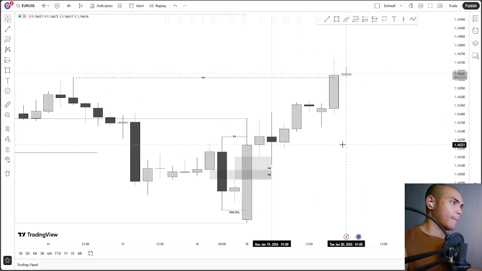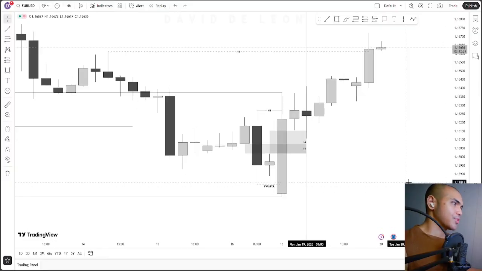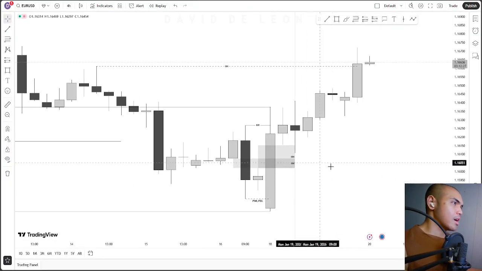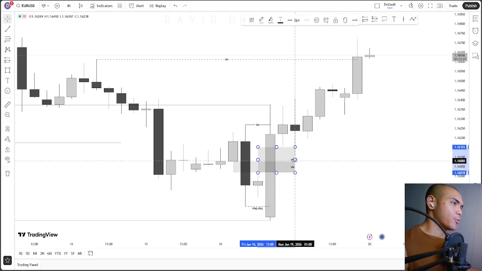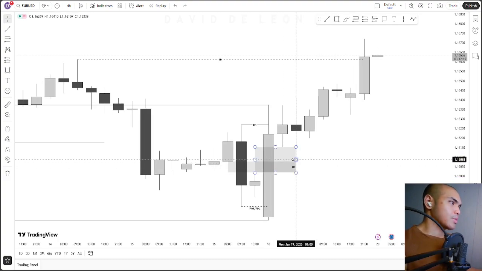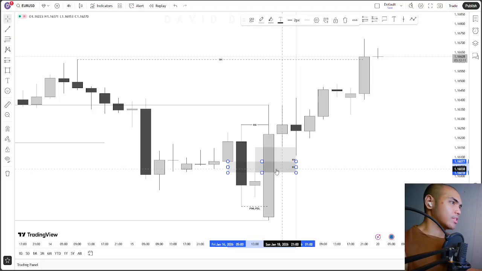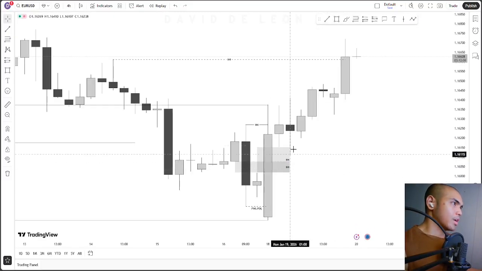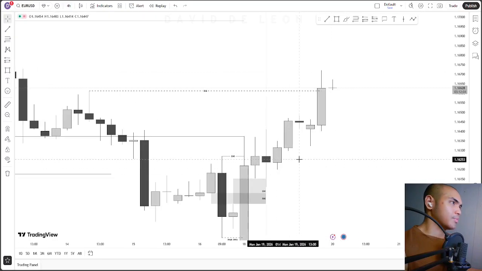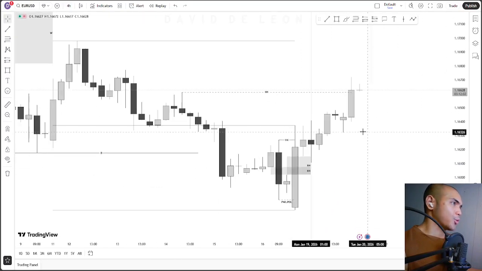And also yesterday I mentioned this H4 buy-side imbalance to watch out for, because this H4 buy-side imbalance overlaps with an H4 sell-side imbalance that got invalidated, and it worked out really well.